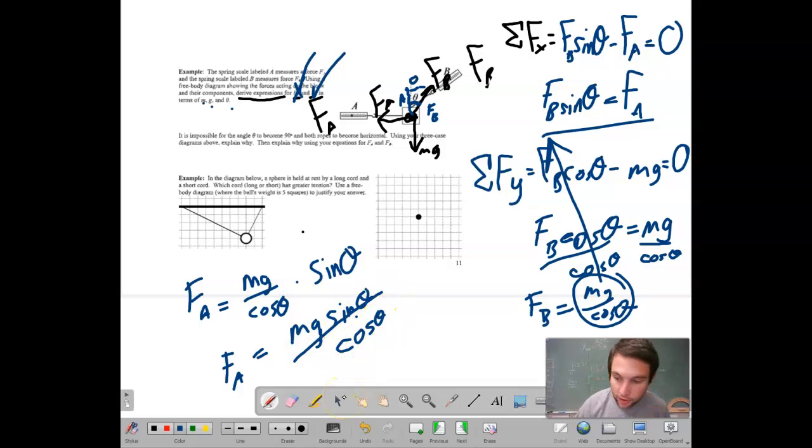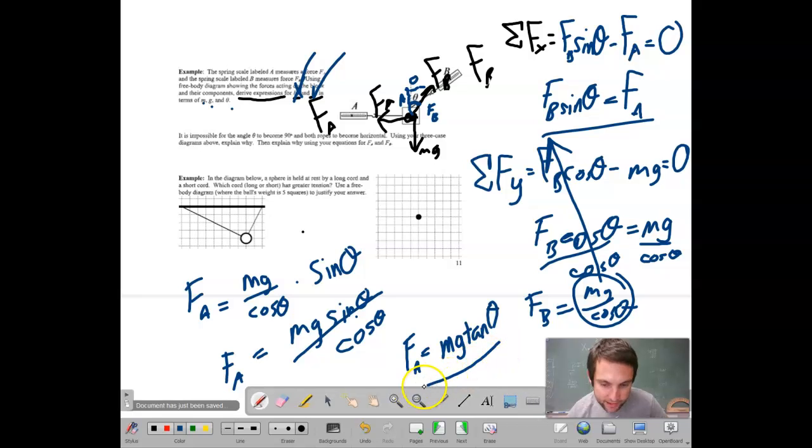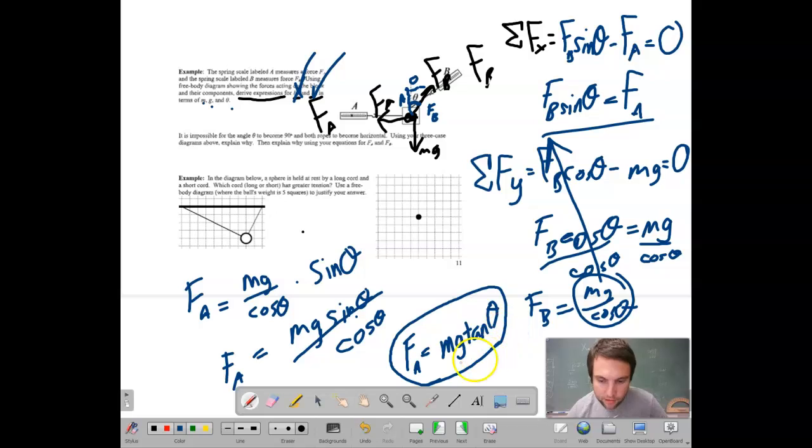So if you know your trig identities, then you know sine over cosine is tangent. So then rewriting this, we get FA equals mg tan theta. And that is allowed. So that is simplified all the way, and it meets the terms that were given to us, mg and theta.